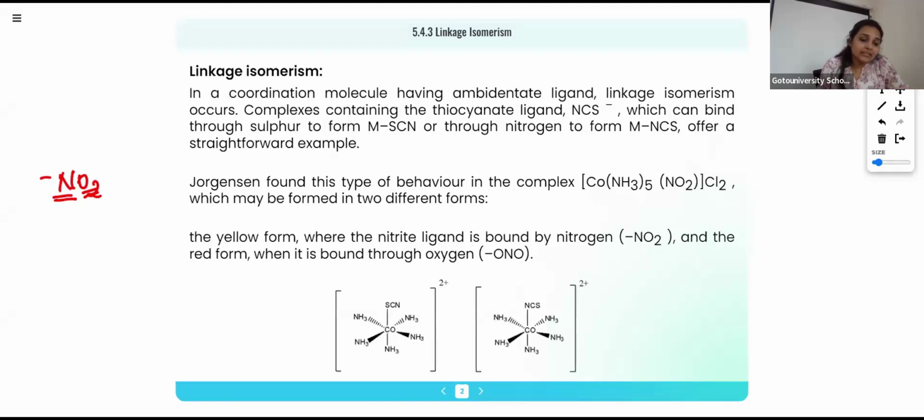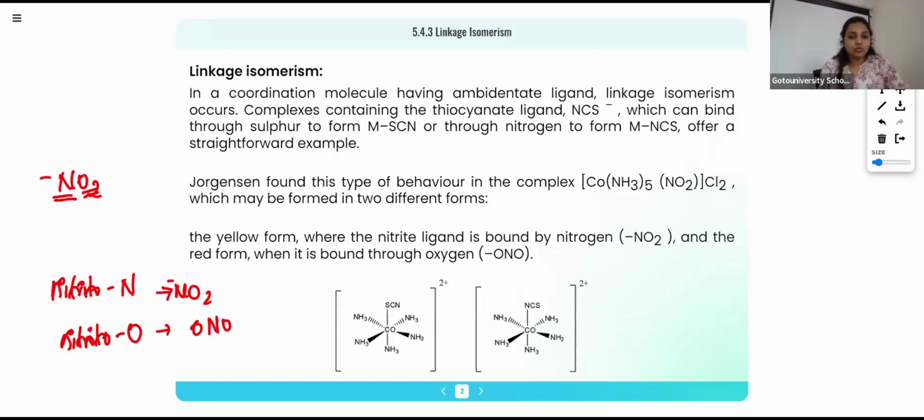If this group is connecting to the metal through the nitrogen atom, we call it a nitro N ligand, and we write it as NO2. If the group is connecting to the metal through oxygen, we call it a nitrito O group, so that will be ONO.